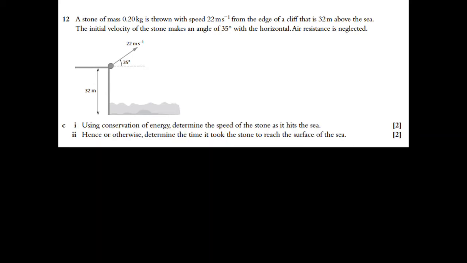Using conservation of energy, determine the speed of the stone as it hits the sea. At the initial position, we have initial kinetic energy and gravitational potential energy. And at the surface of the sea, we have the final kinetic energy. As the air resistance is neglected, mechanical energy is conserved.